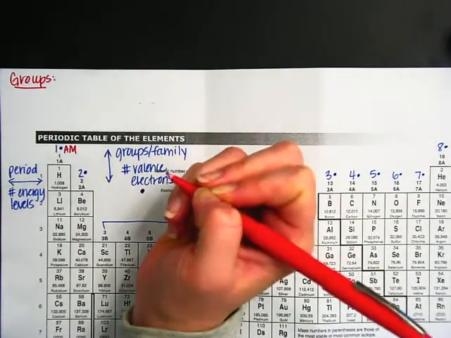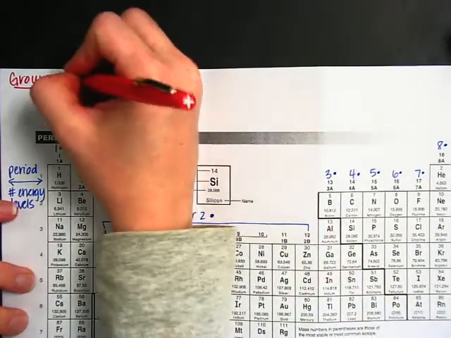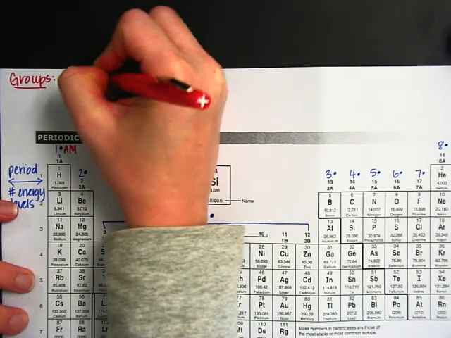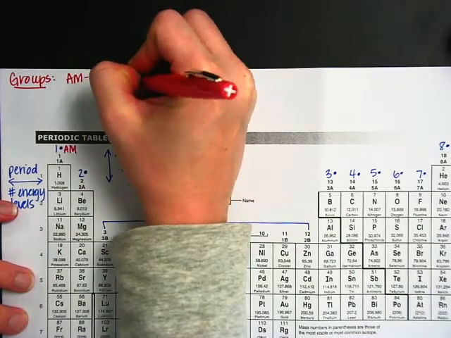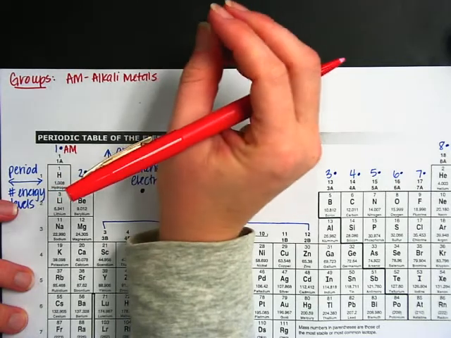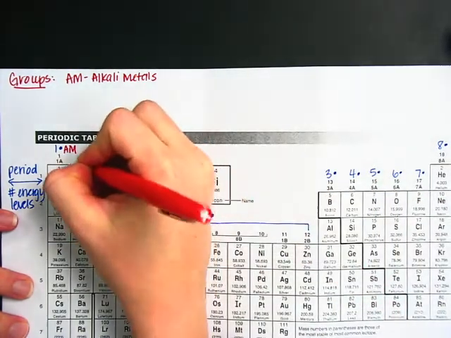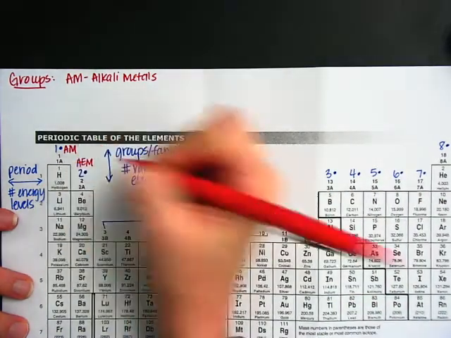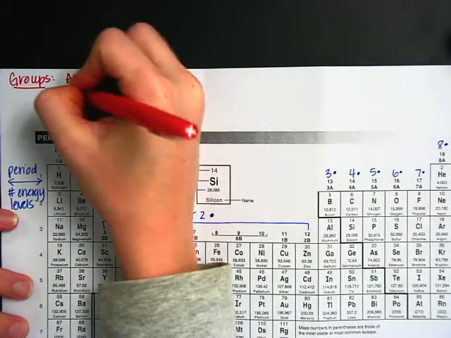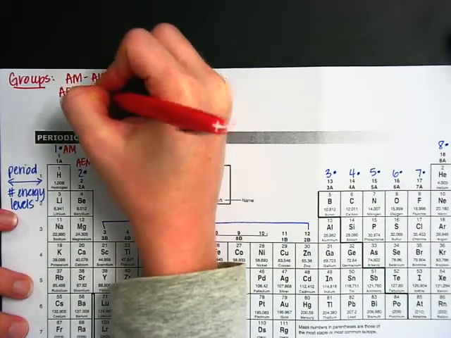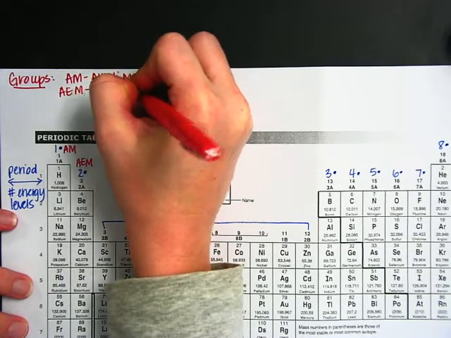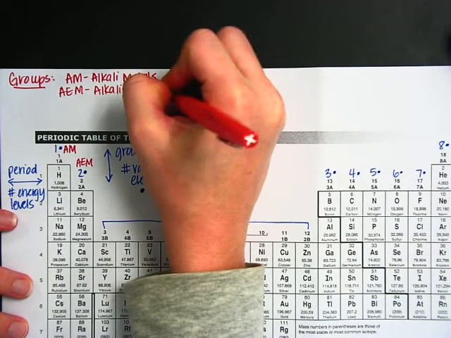So I'm going to put AM here, and then I'm going to come up and make a key that AM stands for alkali metals. Group 2 was the alkaline earth metals. So I'm going to make a key for AEM and put alkaline earth metals.